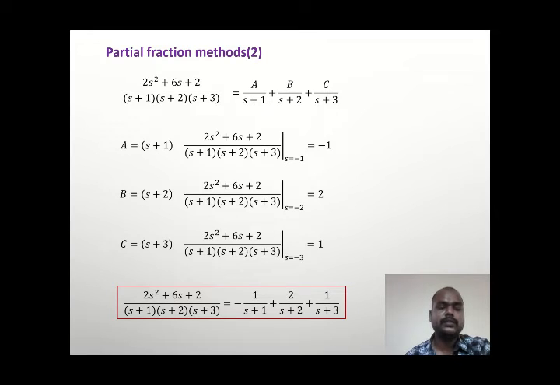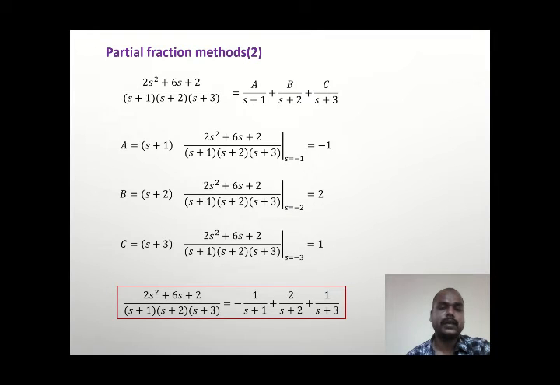We have written it as a/(s+1) + b/(s+2) + c/(s+3), and first of all we are obtaining the solution for s + 1. We put s = -1, which makes s + 1 equal to 0, and then multiply s + 1 to the whole equation, and we can obtain a = -1. We repeat a similar procedure for b and c.